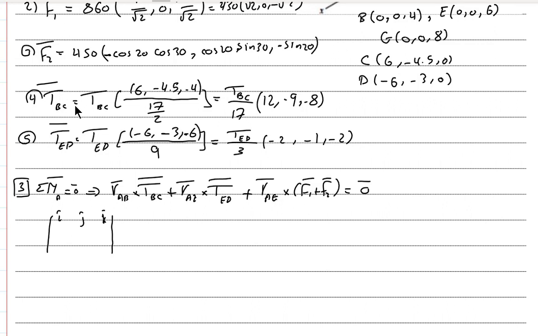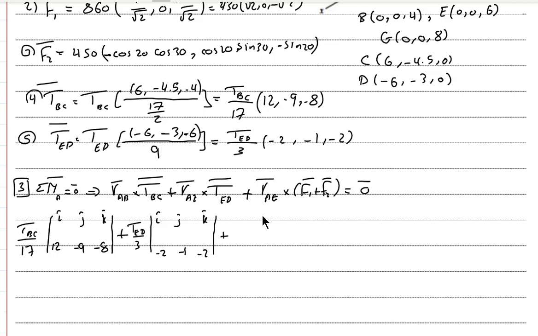The first determinant is for TBC, the moment of the TBC vector, so I can write the third row now: TBC over 17, and write here 12, minus 9, minus 8. The second determinant, in the third row, we have TED over 3 multiplied by negative 2, negative 1, and negative 2.